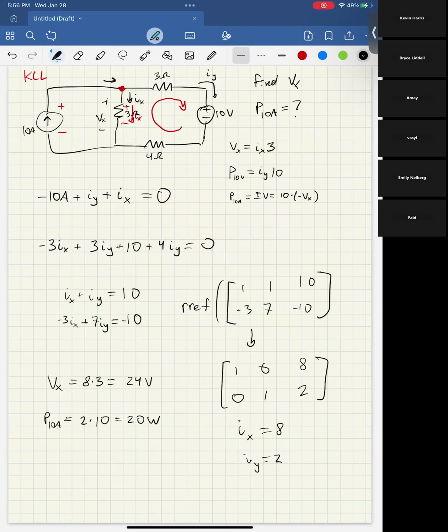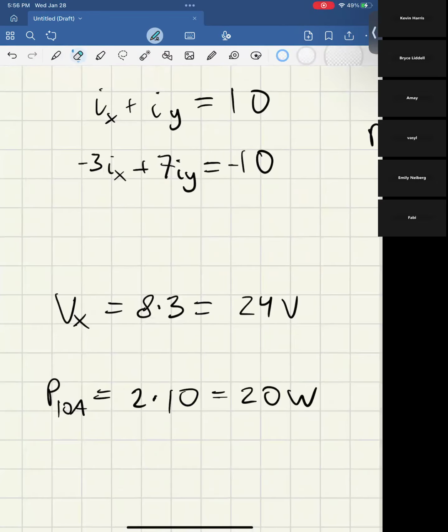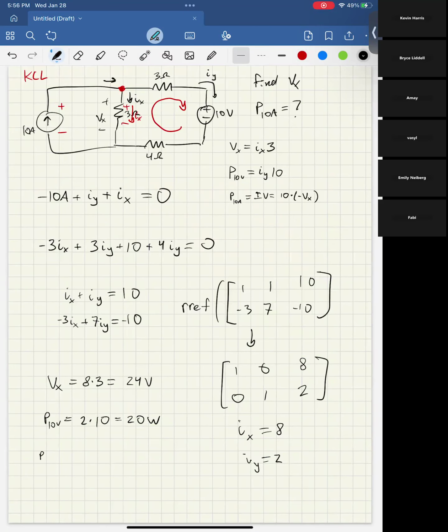And we found Vx, it's 24. For the 10 amp source, it's going to be 10 times negative 24, which will get us negative 240 watts. So that's how you do that kind of problem.